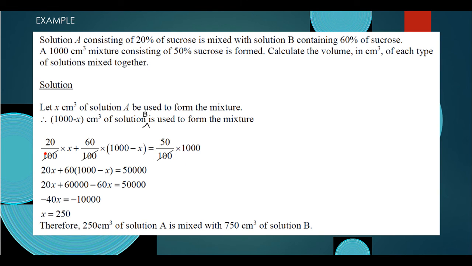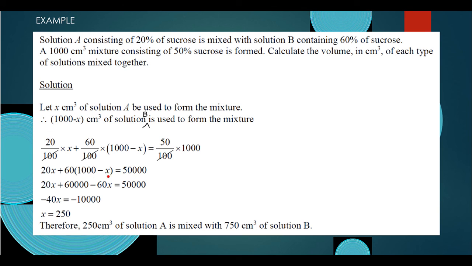I times 100 on both sides of this equation. So when I times 100, I cancel away the denominators. So you get 20 times x, which is 20x, plus 60 times this bracket, is equal to 50 times 1000, which is 50,000.